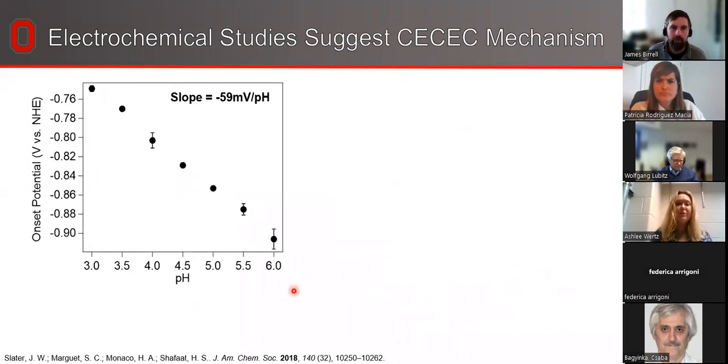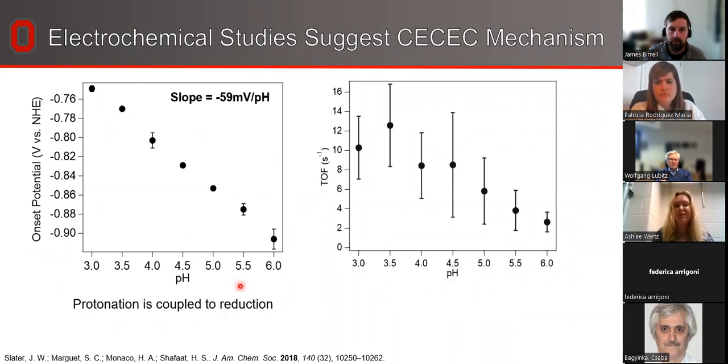Next we wanted to determine the mechanism of hydrogen evolution by the system. Using protein film electrochemistry, we looked at the onset potential versus the pH, and we saw a slope of around 59 millivolts per pH unit. This is indicative that protonation is coupled to reduction. Next, we looked at turnover frequency versus pH, and we saw only a weak dependence.